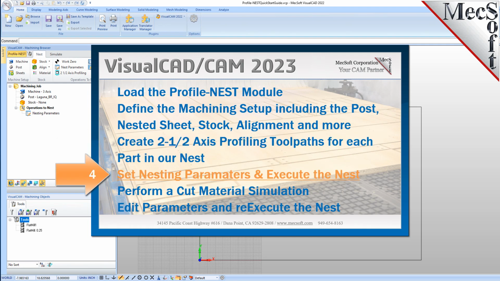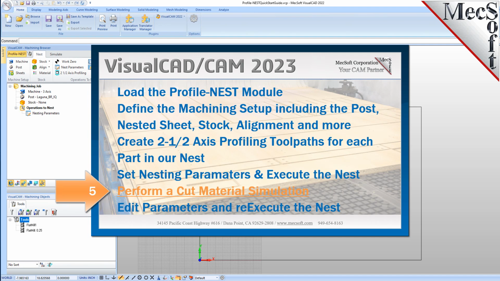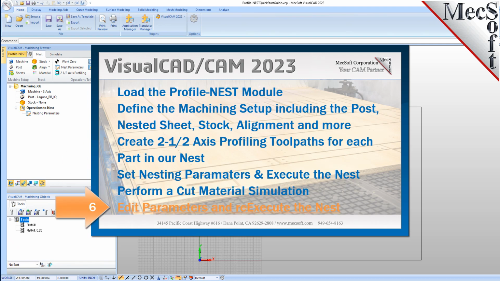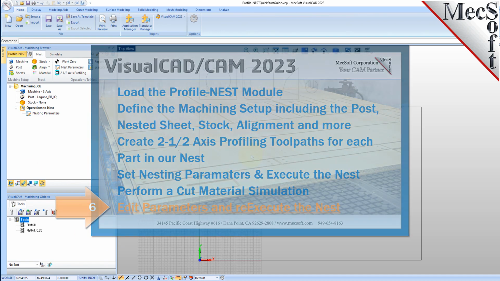We will then set nesting parameters and execute the nest. We will perform a complete cut material simulation of the parts in our nest as well as the nested sheets, and we'll perform some editing. We'll adjust some parameters and re-execute the nest.